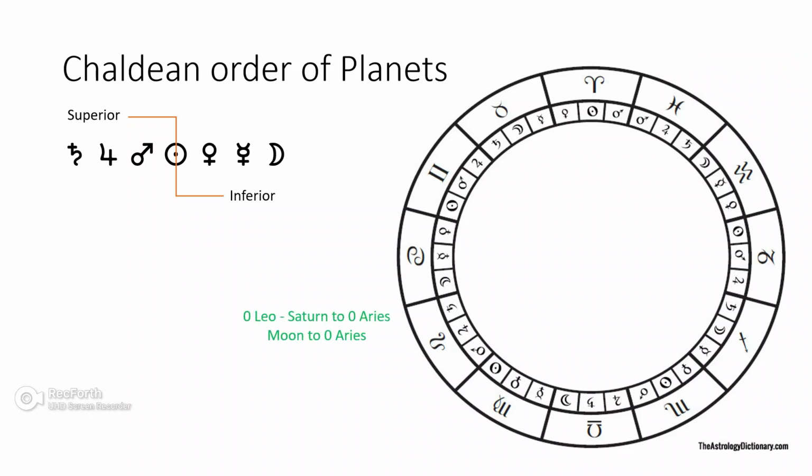In fact, it would make more sense to start at 0 degrees of Leo and go to 0 degrees of Aries, because then you have the descending Chaldean order starting with Saturn at a natural sign cusp, and you can take Saturn descending order to 0 degrees Aries, and likewise from that 0 degrees Leo point, you go backwards and take the Moon in ascending Chaldean order to 0 degrees of Aries.